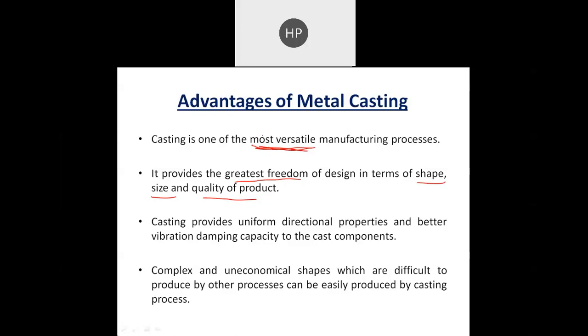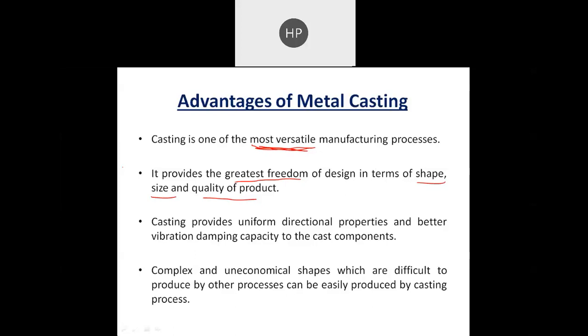So it has a great range of size and quality of the product. We can improve the quality by the casting process. So it has the greatest freedom, while all other processes have certain limitations in design, shape, size, and quality.